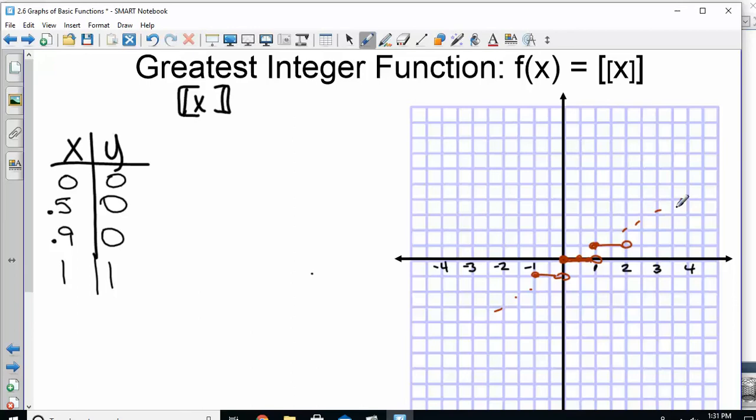What's the domain of this one? Yes, negative infinity, positive infinity. We hit everything eventually. What is the range? What y values do we get out? I'm not getting every single number, am I? All the integers.